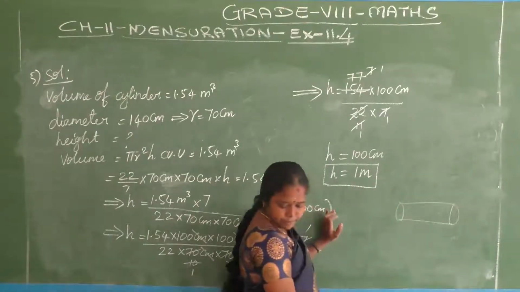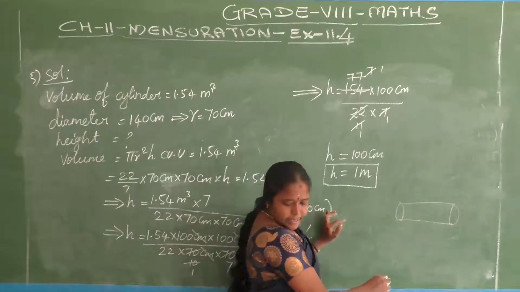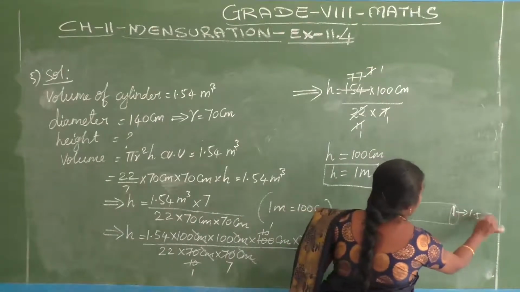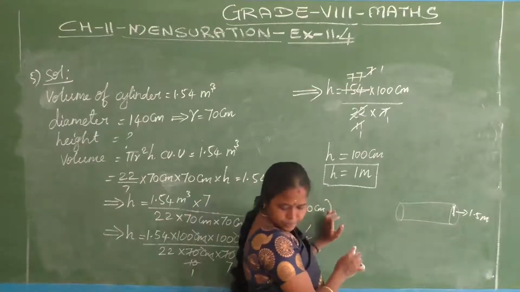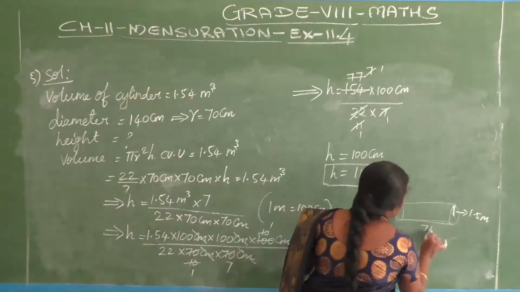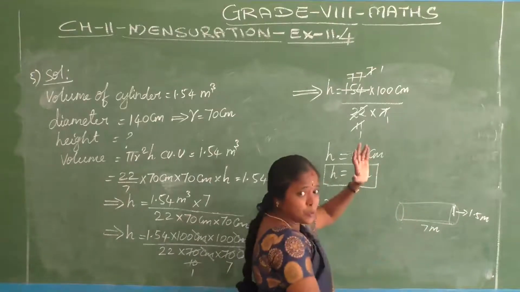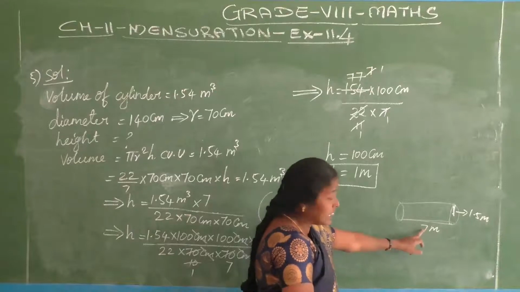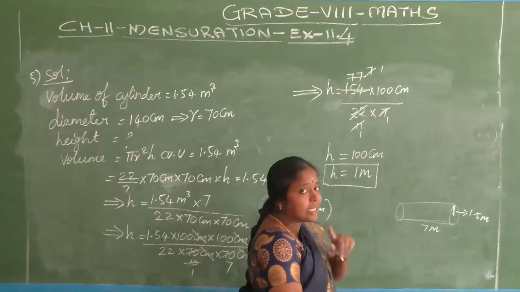Figure is mentioned like this. Cylindrical tank. Okay, radius is 1.5. This radius is 1.5 meter. Length is 7 meter. This length is 7 meter. If you rotate the cylinder, the length becomes the height of the cylinder. Think and do.